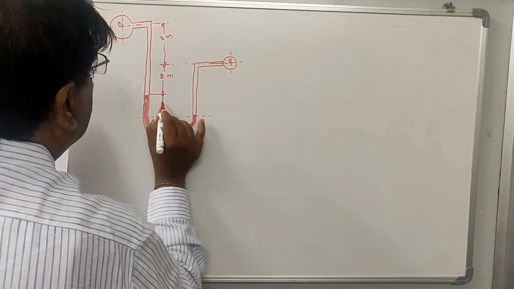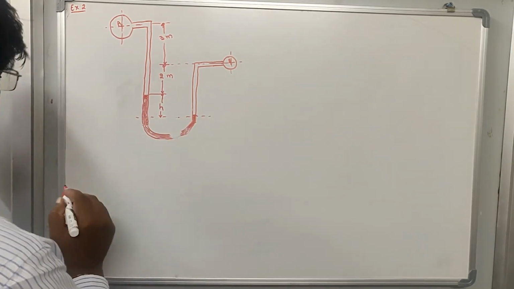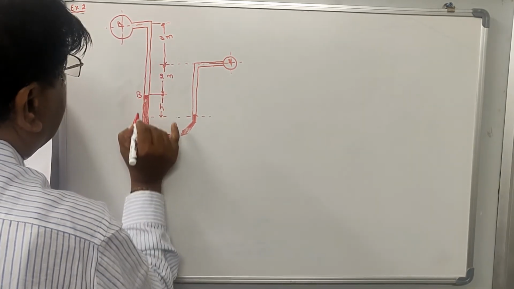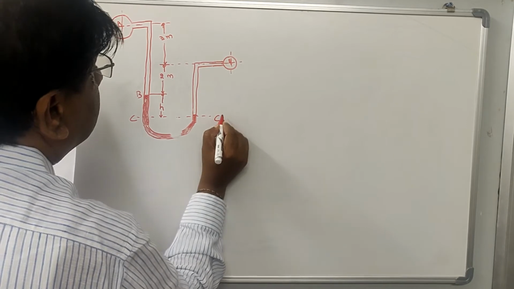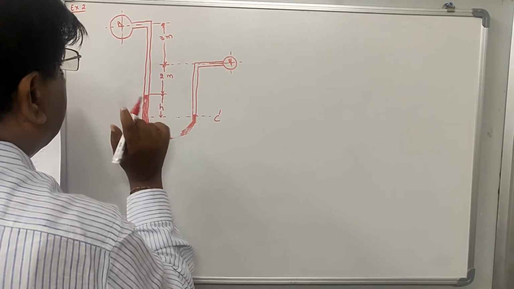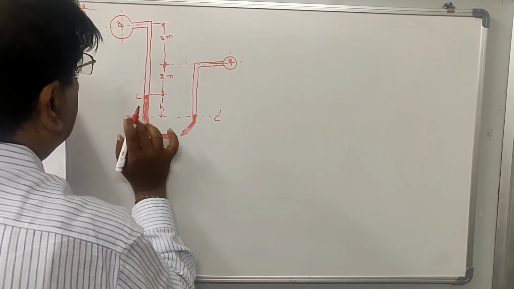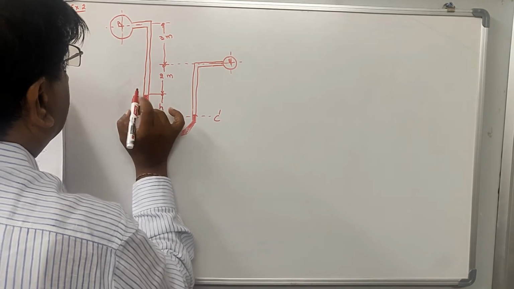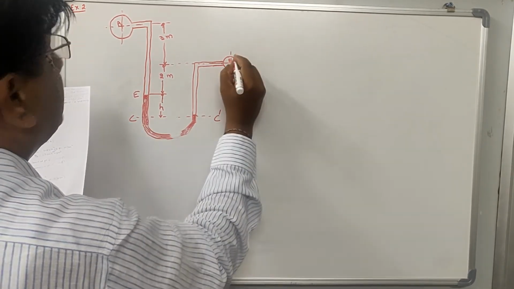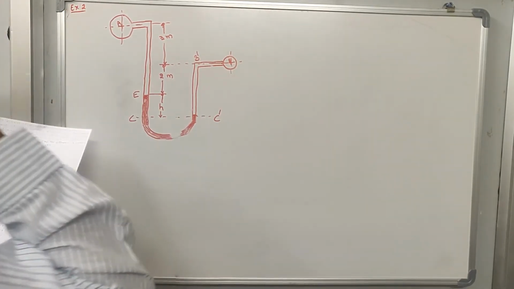This is H. This point is A, this is B, this is C, this is C dash, and you can take this point as E, and this is B dash, and this is B.